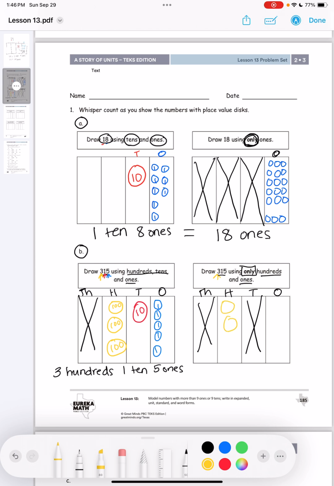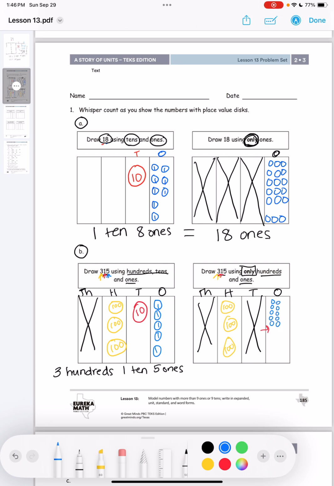Now my tens, I still have a 10. It doesn't go away, but it has to be moved to my ones place. So now in my ones place, I have that group of 10. And I have the 5 ones that I had at the beginning.